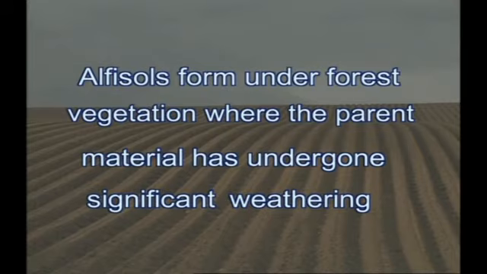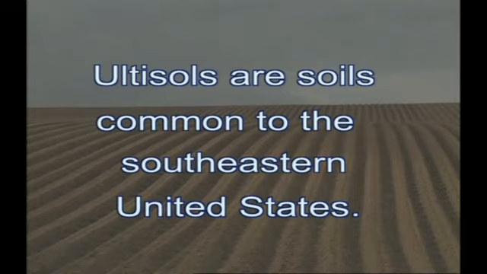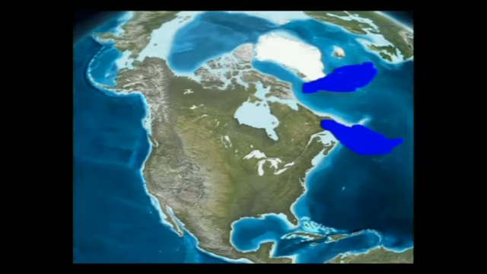Alfisols form under forest vegetation where the parent material has undergone significant weathering. These soils are quite widespread in their distribution and are found from southern Florida to northern Minnesota. Ultisols are soils common to the southeastern United States.